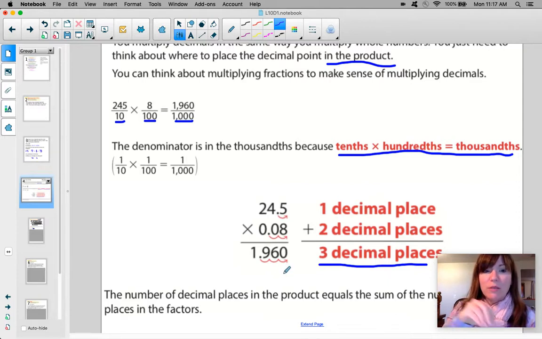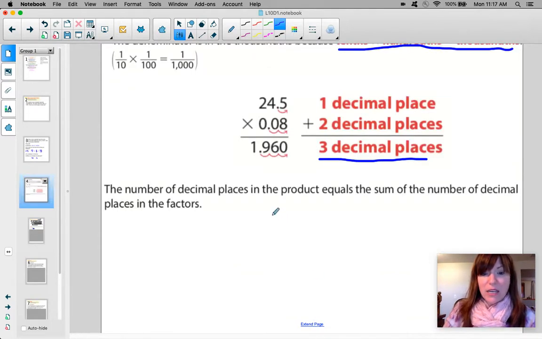It helps us put the decimal point into our product. The number of decimal places in the product equals the sum of the number of decimal places in the factors. So with 1 decimal place in the first factor and 2 in the second, we add those to find out where to put the decimal point.